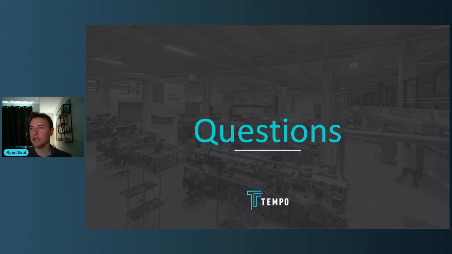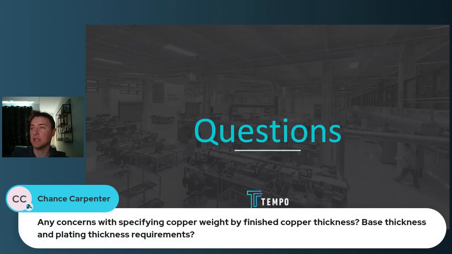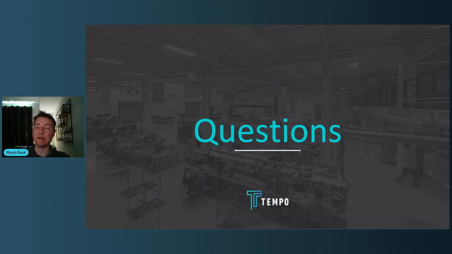All right. Another, related question from Chance Carpenter: any concerns with specifying copper weight by finished copper thickness, base thickness, and plating thickness requirements? That's actually a great idea. This is less about cost. It's more about clarity. Oftentimes our customers will not tell us which they meant in their stackup or in their fab drawings.